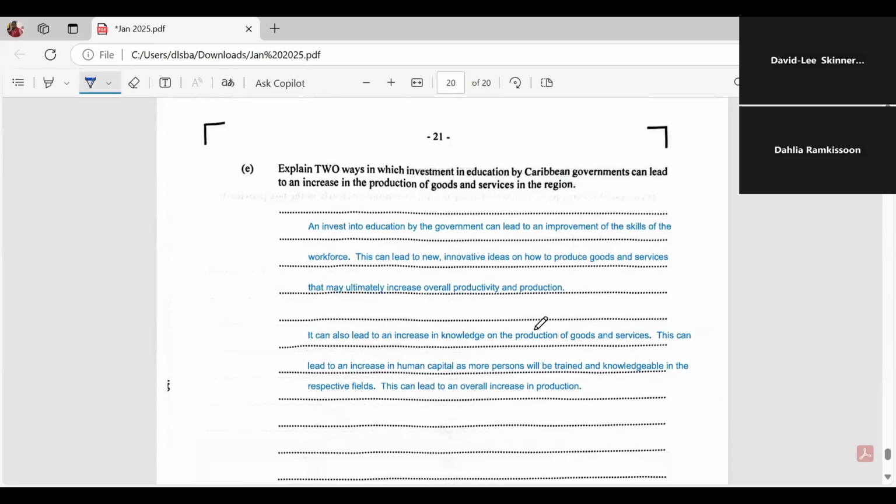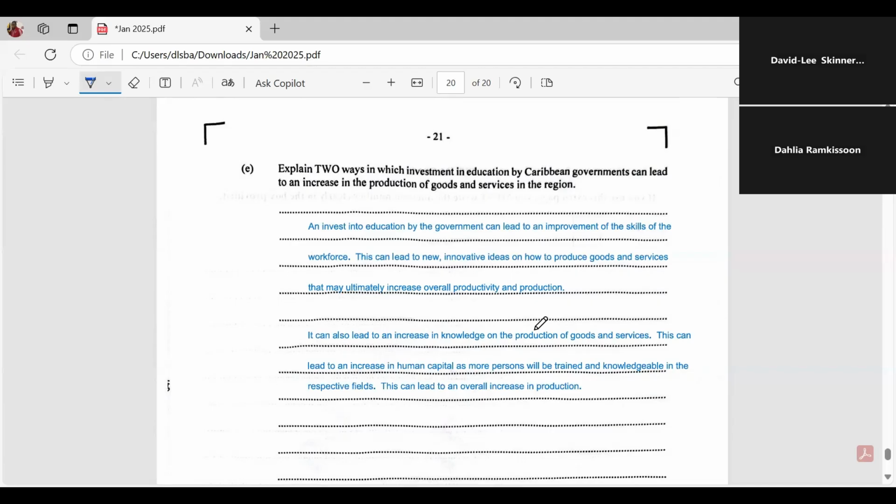It could also lead to more people understanding how to produce goods and services. Maybe learn how to produce new goods and services. And because there are more people that know how to produce these goods and services, there's now more people they could hire.